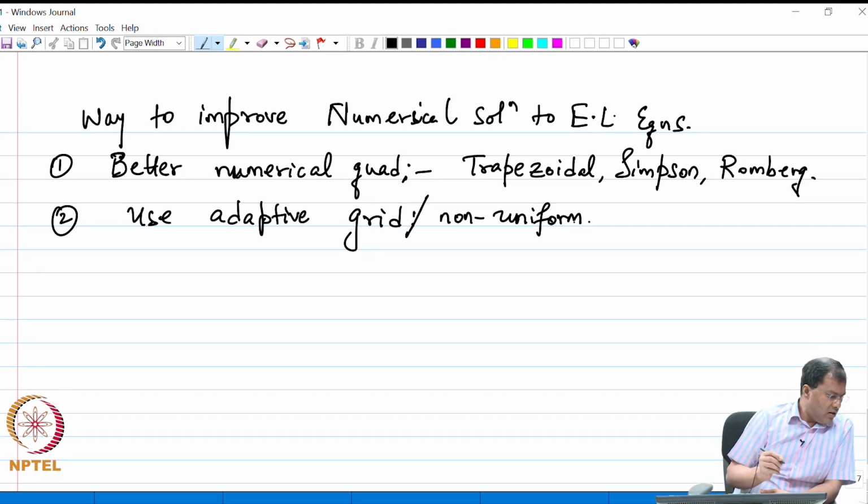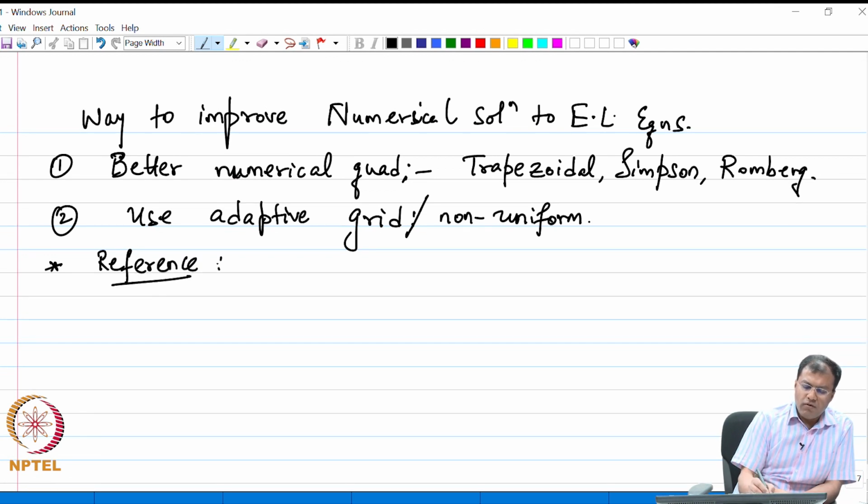Okay. So, more details can be found in this textbook. Students are asked to refer to this textbook for more details on the numerical solutions of Euler-Lagrange via the Euler's and other higher order methods.